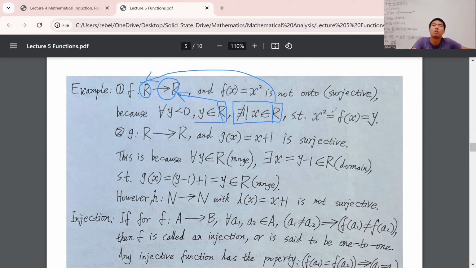So it doesn't satisfy the surjection definition.